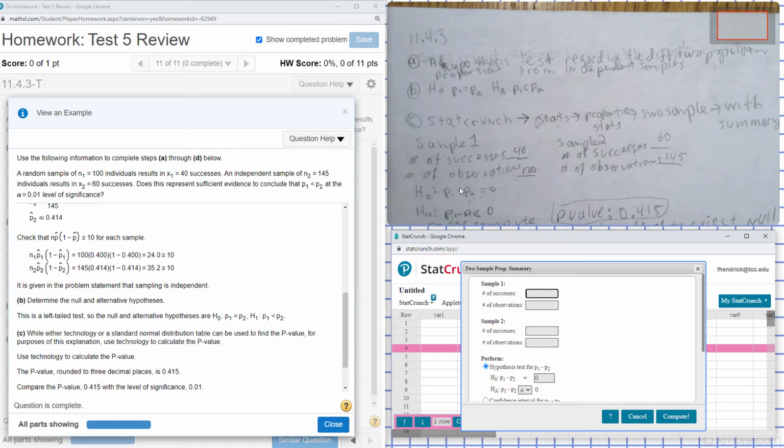So for sample 1, the number of successes is 40. Observations is 100. Sample 2, number of successes is 60. Number of observations is 145.